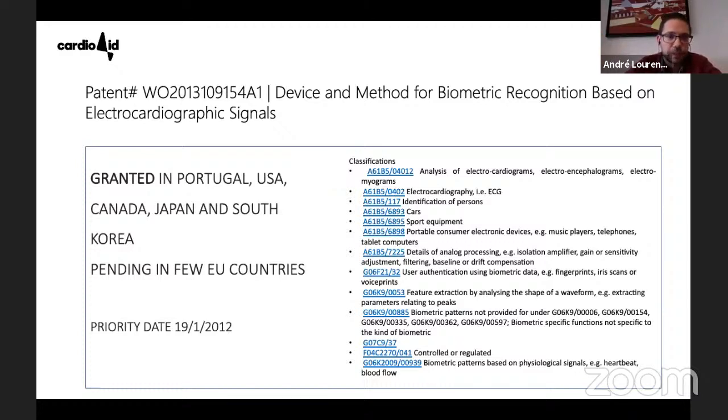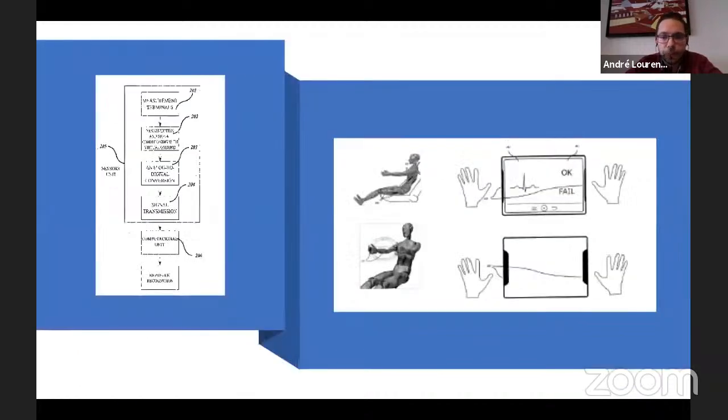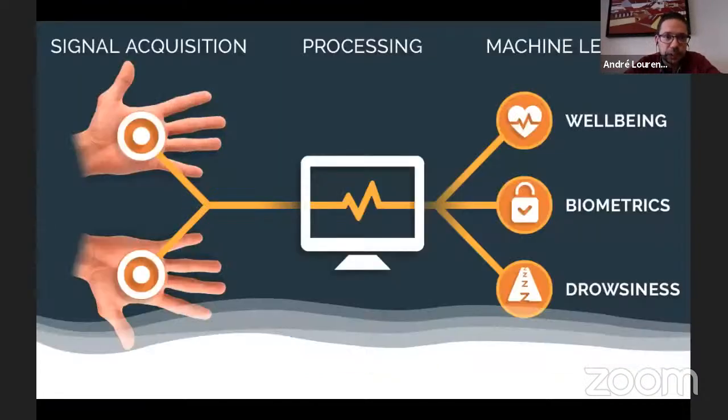And so we have a patent that is already granted. It is a family of patents already in Portugal, USA, Canada, Japan, and South Korea, and it is still pending in the EU. It has several embodiments that concern the steering wheel, the tablet, and other possibilities, but all of them are centered on this idea.